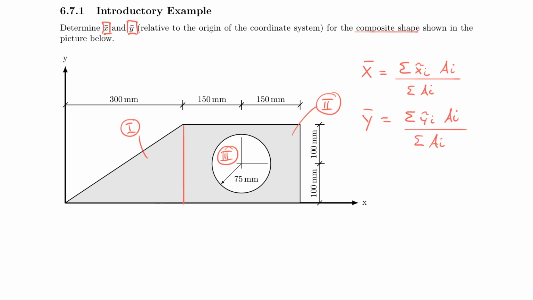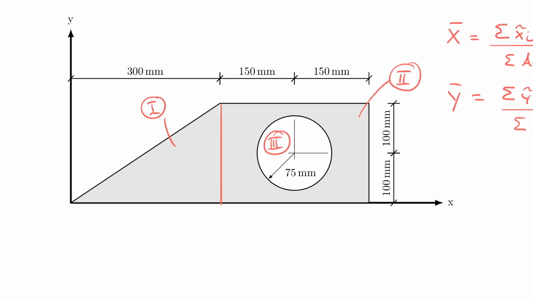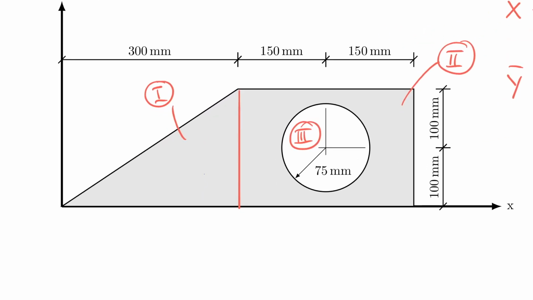So let's get started by looking at our individual shapes here. For example, shape number 1 has a centroid location roughly at this location. Shape number 2 and 3 share a centroid location right there. So the first thing I'm going to do now is identify these in my sketch for our very first educational problem here. Remember that we always do it in reference to the coordinate direction. So this here would be X tilde 1, which in this case happens to be 2/3 of 300.